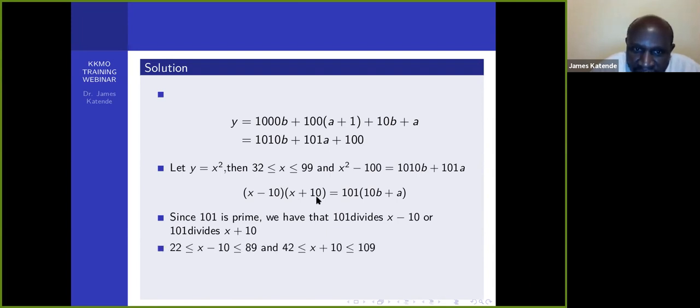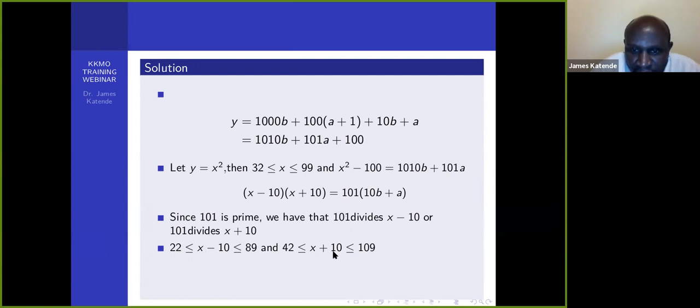Now to do that, we go back to this inequality. If we subtract 10 throughout, we have 22 is less than x minus 10, which is less than or equal to 89. If we add 10 throughout, then we end up with this inequality. If x minus 10 is less than 89, then it cannot be divisible by 101.